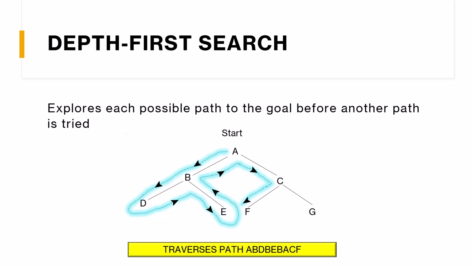Now, if you look closely, what we've done is we've actually done an in-order tree traversal, starting at the root, going down the left subtree, and then the right subtree.